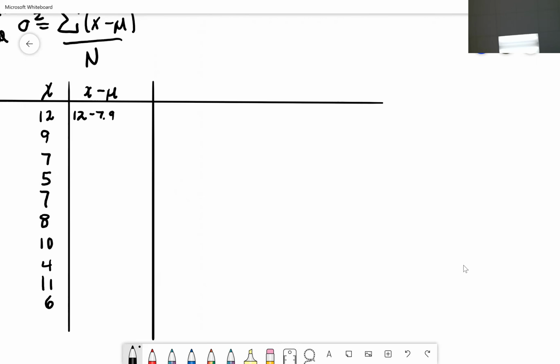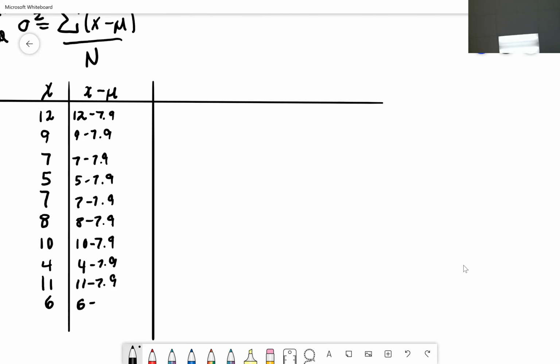And then you take 9 and subtract 7.9. And you take 7 and subtract 7.9. And you take 5 and subtract 7.9. And you take 7 and subtract 7.9. And you take 8 and subtract 7.9. And 10 and subtract 7.9. And 4 and subtract 7.9. And 11 and subtract 7.9. And 6 and subtract 7.9.